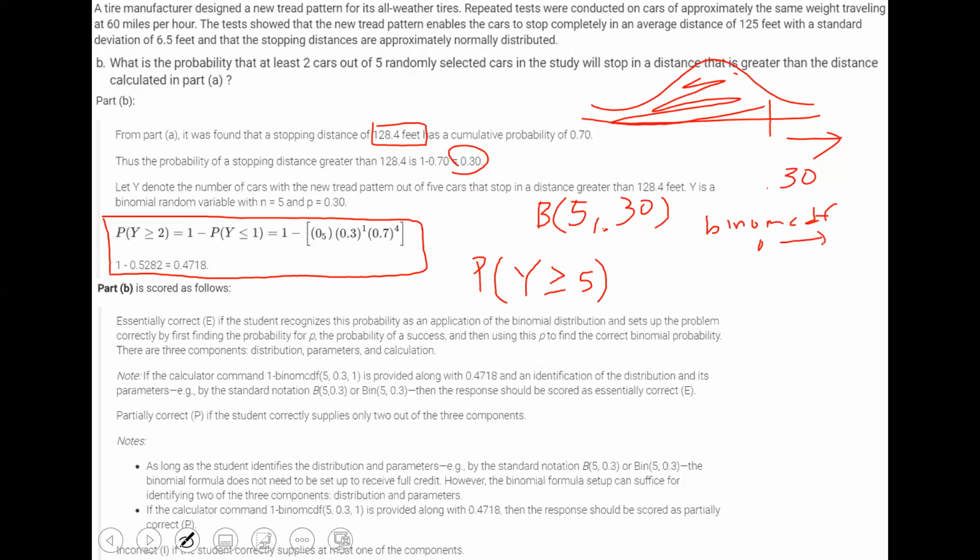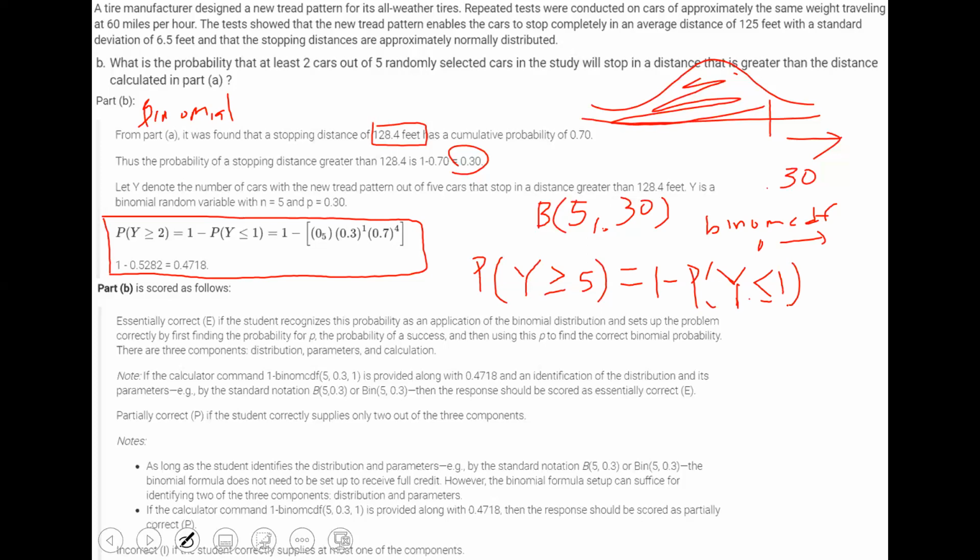And another thing you really need to remember about binomial distribution is that it's a discrete random variable, meaning that you don't get to calculate 1.2. It's always 0, 1, 2, 3, 4, 5. That's why you should write it as Y is less than or equal to 1.